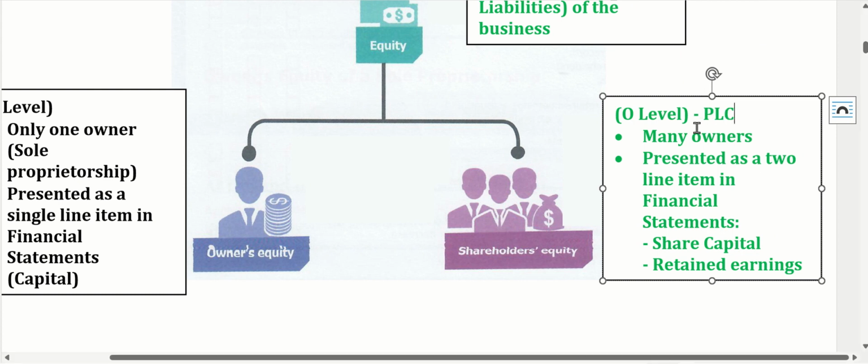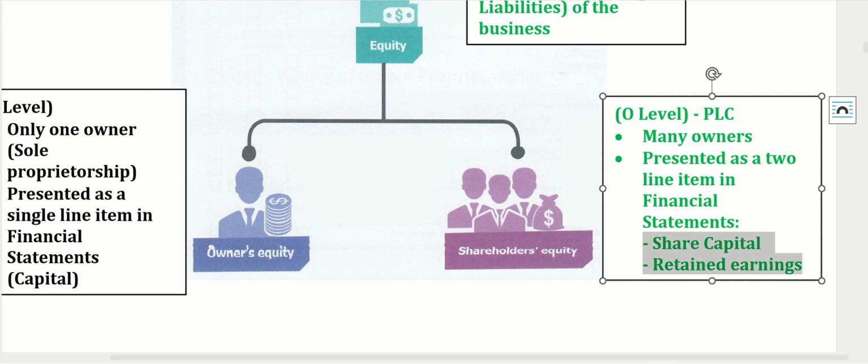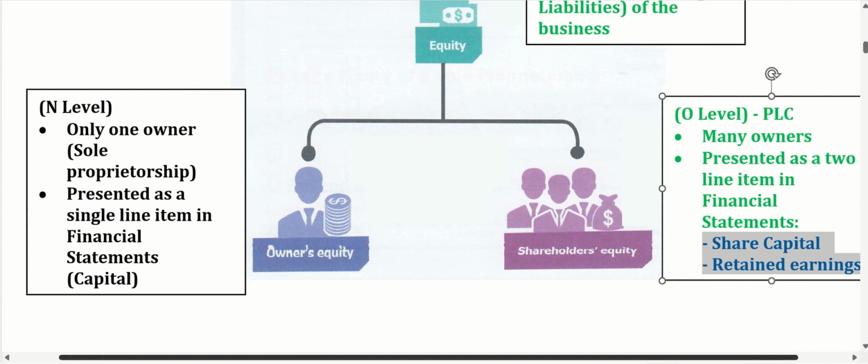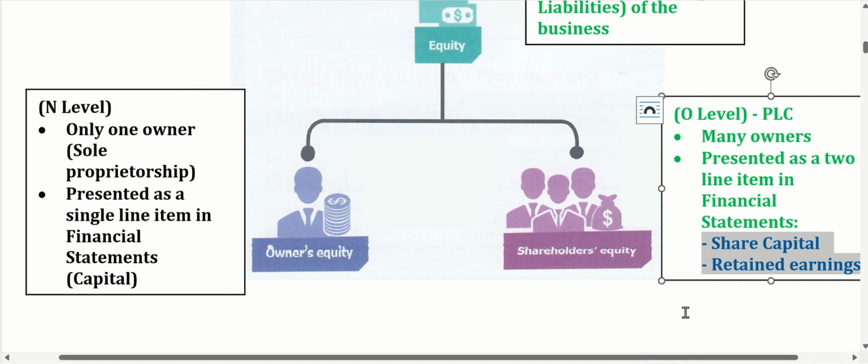You need to know how to do equity accounting when there are many owners, and you need to know that it's presented as two line items in the financial statements. You see share capital and retained earnings. So shareholders' equity for O level, private limited company, owners' equity for N level, sole proprietorship.